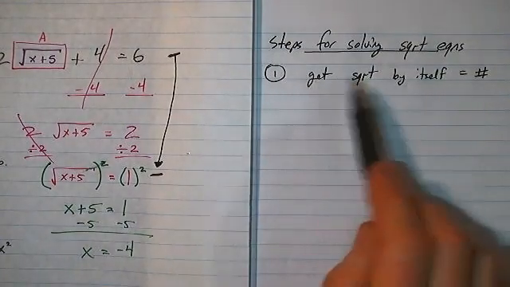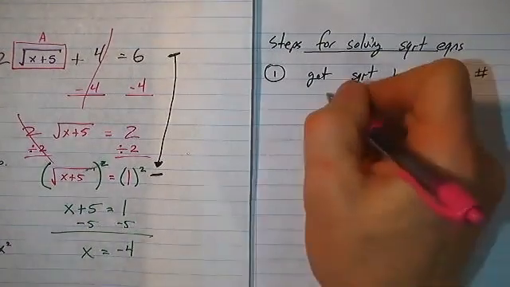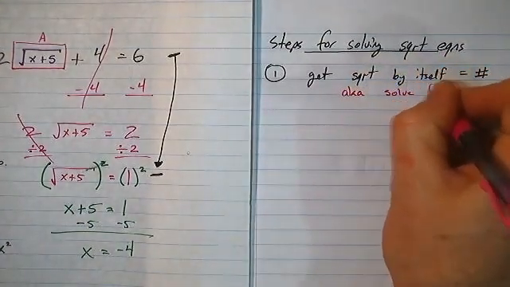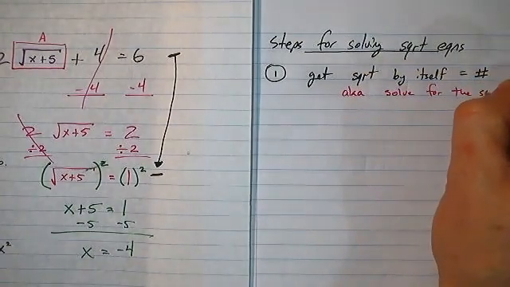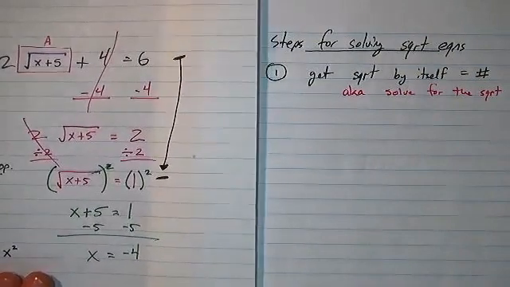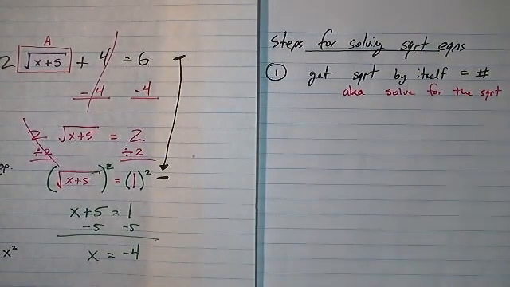So you could say this, simply solve for the square root. That's the vocabulary that we learned in the last video. When you get a variable by itself equal to a number, you're solving for that variable. Here, we're getting the square root by itself equal to the number, so we're solving for the square root. So that's our first step.